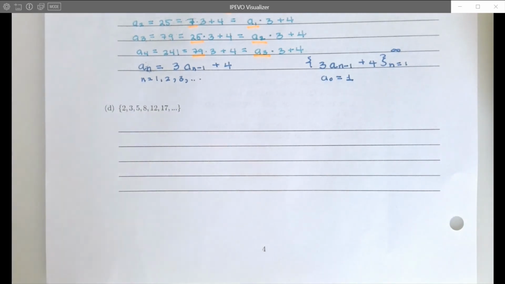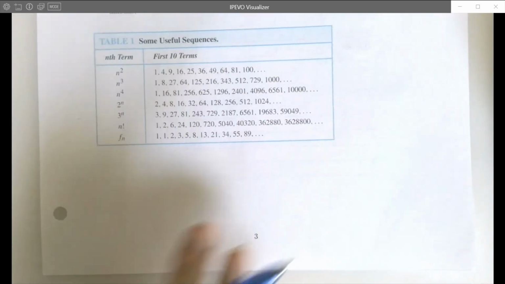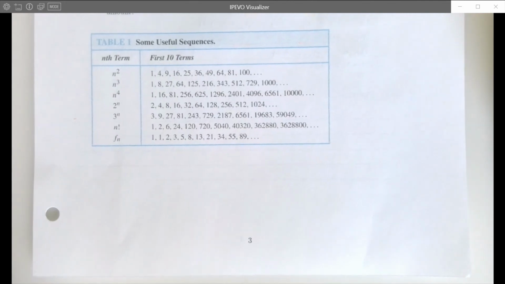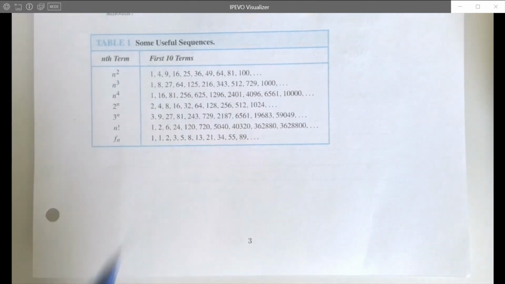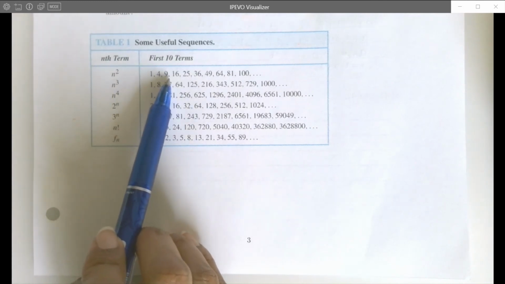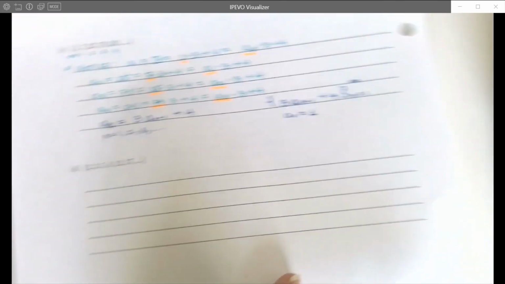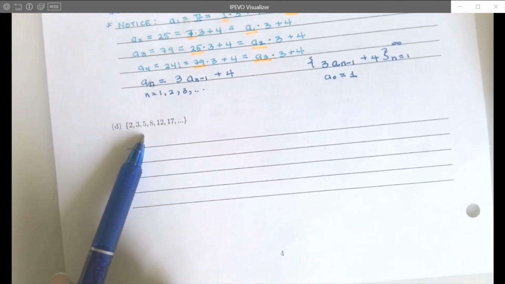And so at that point, maybe it's a good idea to go and look at our list of common sequences. We have n squared with elements 1, 4, 9, 16, 25, 36. Does that look anything like what we have? Not really.